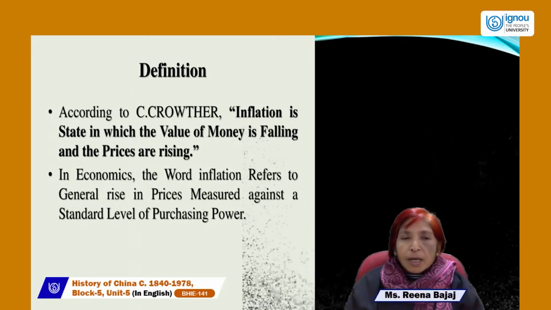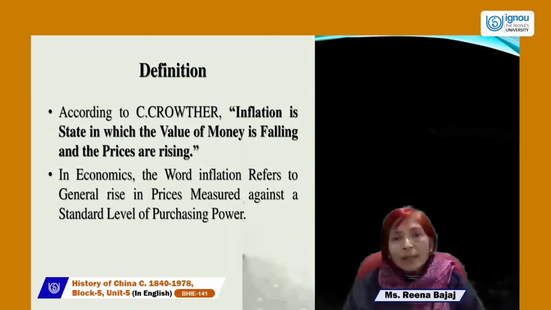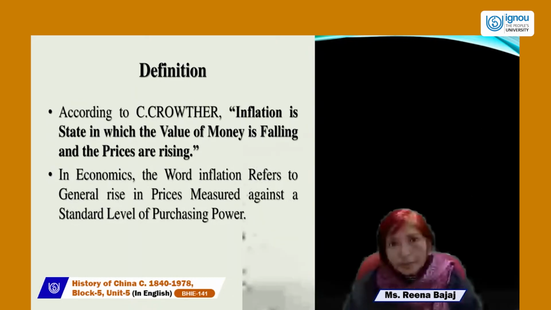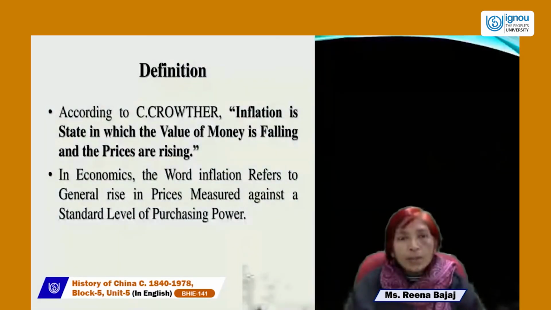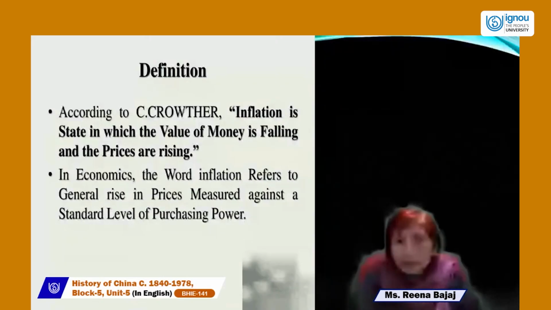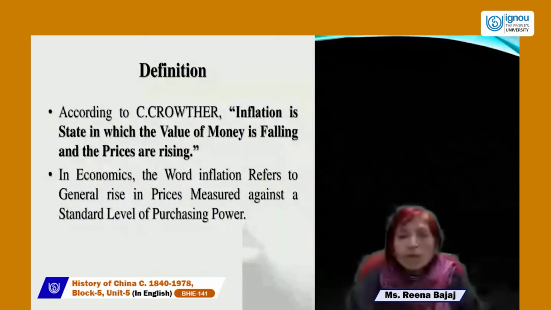And Crowther explained the concept of inflation also. According to Crowther, inflation is a state in which the value of money falls due to a rising price level. In economics, the word inflation refers to a general rise in price level.